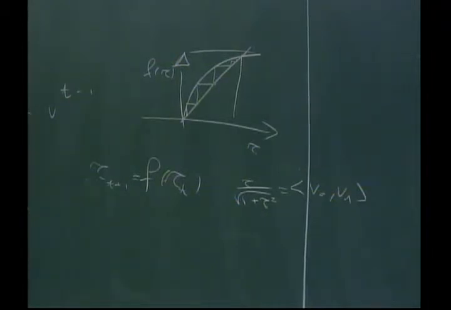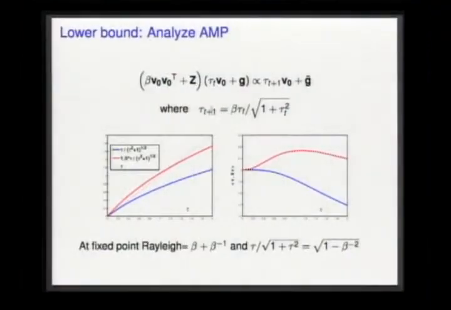So basically in these plots, what I'm showing is this function for two different values of beta. We have the function for beta equal to 1, that's the blue curve here, and we have the function for beta larger than 1. What you see here is that when beta is larger than 1, you get an intersection between the curve x equals y and the curve of this iteration function that is away from 0.